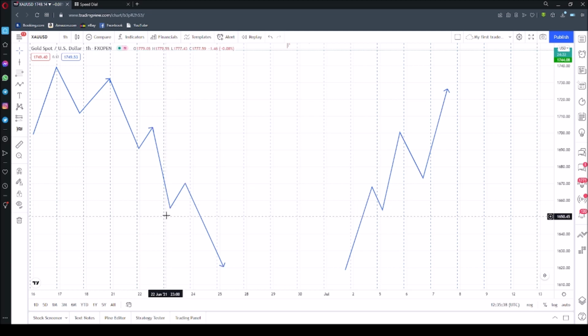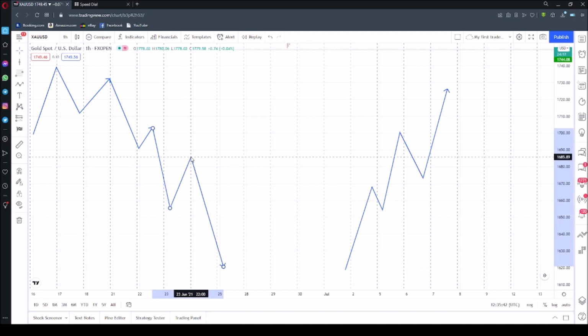In this case, our entry point will be on the perceived new lower high. So we always enter at the point whereby we've seen behavior change, break of structure, and then creation of the new point in market continuation.